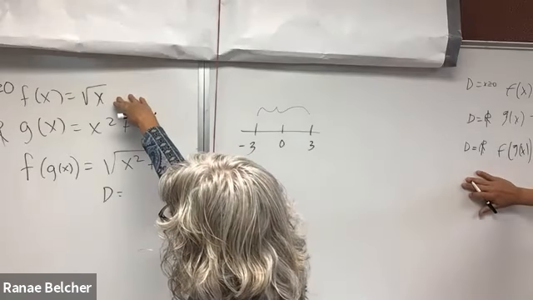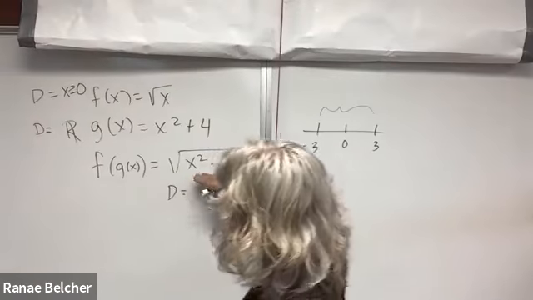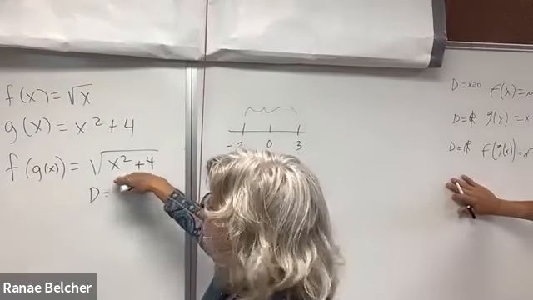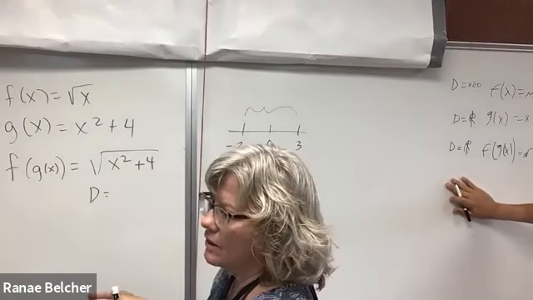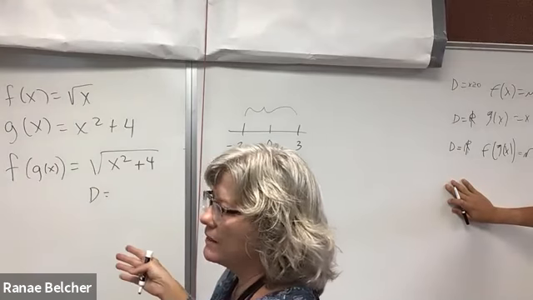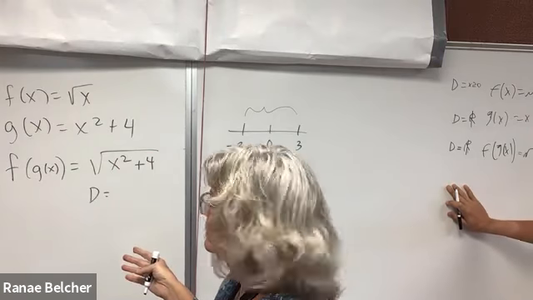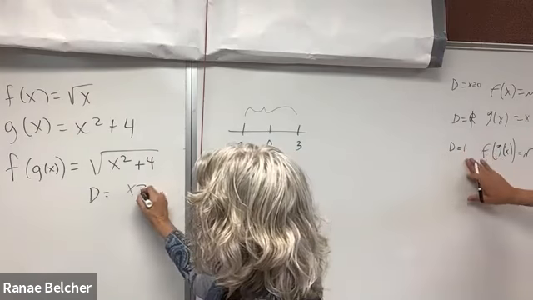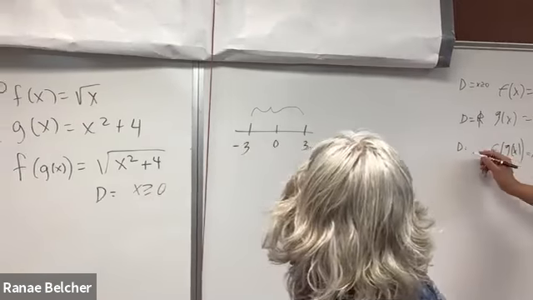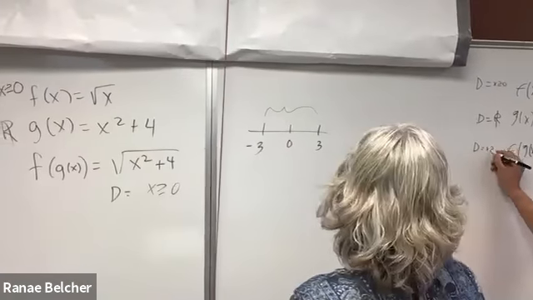So I think you have to say x has to be greater than or equal to 0, even for this, because you can't compose a function with another function when one of the functions' domain is limited, okay? So you have to say x is greater than or equal to 0 too, even though by itself it doesn't look like it.